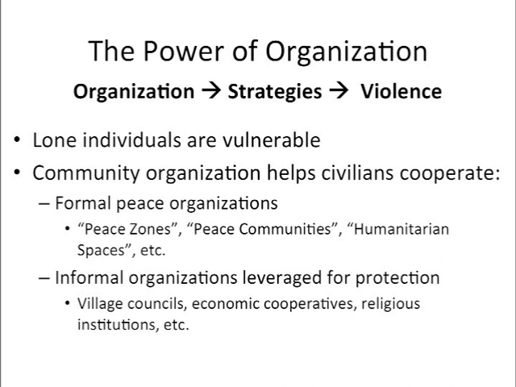In conflict zones, you tend to see two types of organizations being used to deal with violence. The first kind are formal peace organizations, and so these are organizations that were formed precisely to deal with conflict. These have been variably named peace zones, peace communities, humanitarian spaces. There are a number of names for these kinds of organizations, but they're very verbally, formally announced organizations trying to deal with violence.